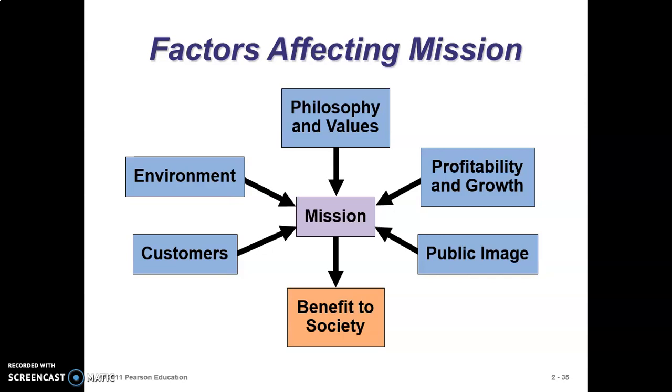As you can see here, we have 5 factors that affect missions. The first factor is philosophy and values. What you want to give to the people, or what things you can provide to the people.